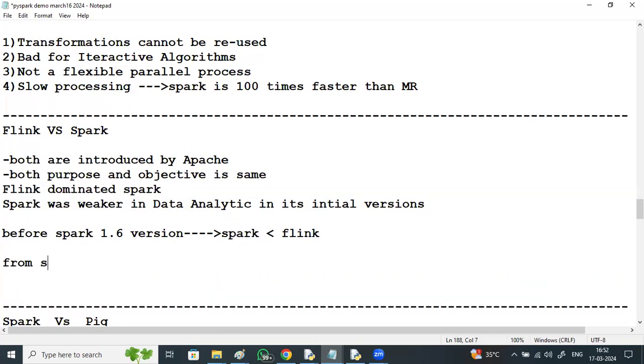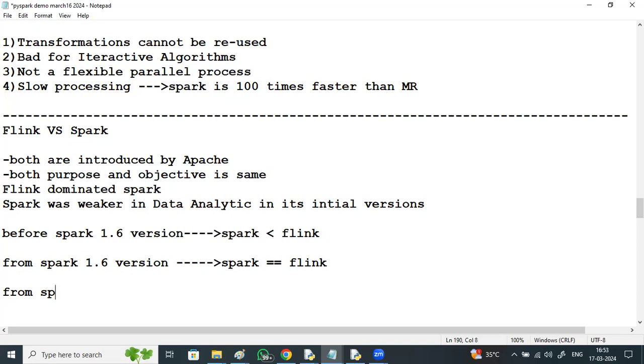From Spark 1.6, Spark came out with powerful libraries for data analytics, graph algorithms, streaming, and so on, and Spark became almost equal to Flink.